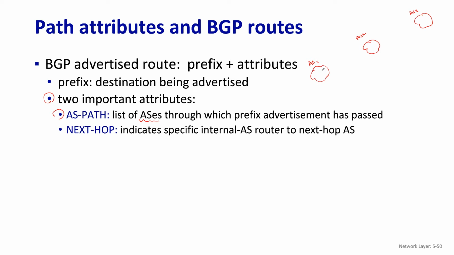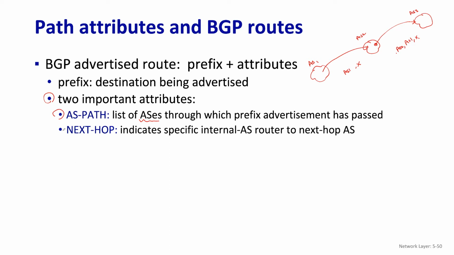Let's say the path advertised from here to here is X and AS1. So when the gateway here advertises it, it's going to add AS1, AS2, then X. It's saying that to access X, you must go to AS2, then AS1, then X.